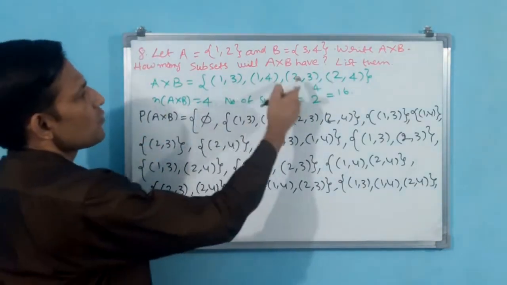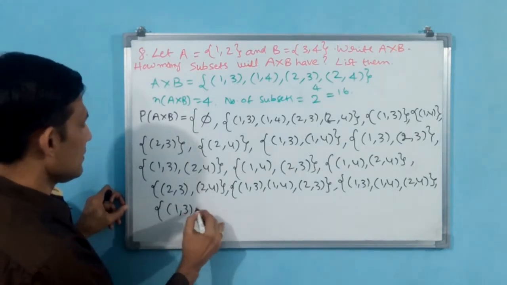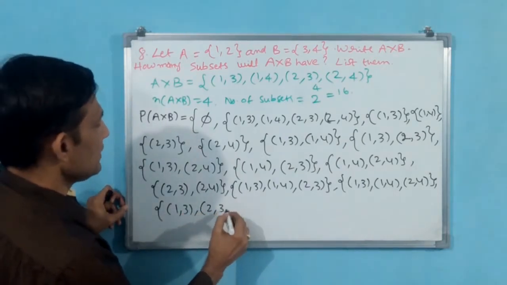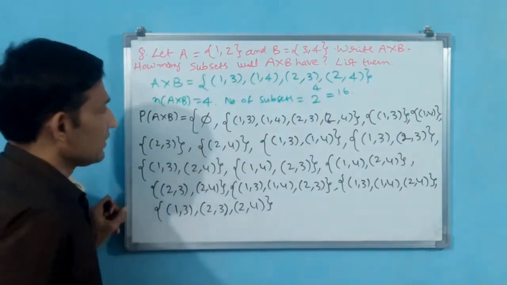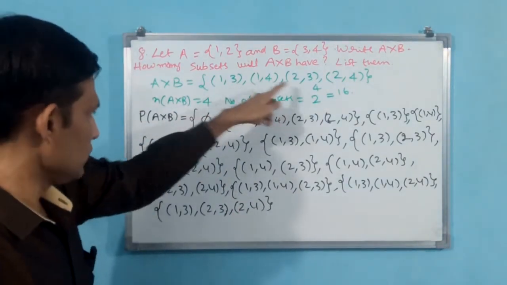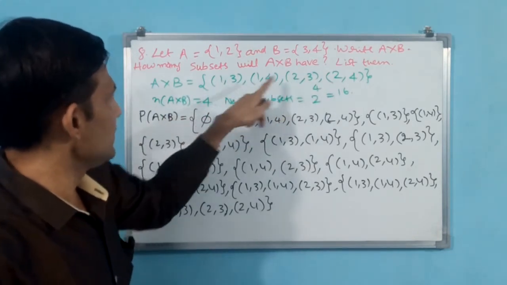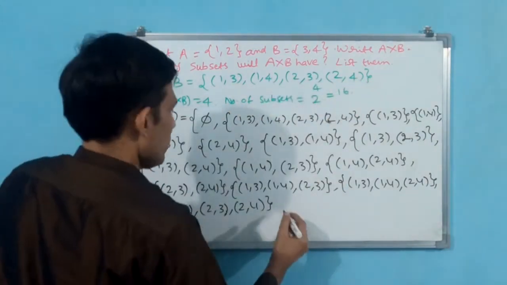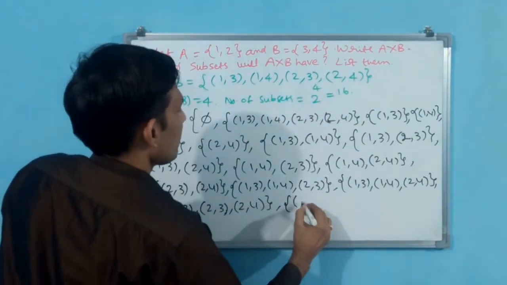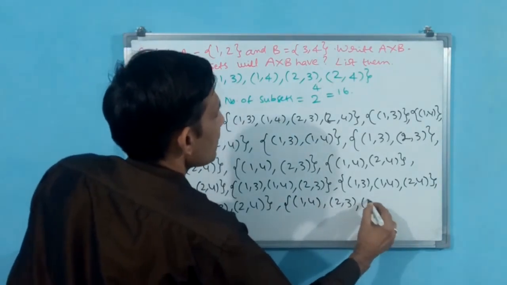Then 1 3, 2 3, 2 4 also there. This is also there. 1 3 2 3 2 4. Okay, this also over. Now 1 4 2 3 2 4. 1 4 comma 2 3 comma 2 4.